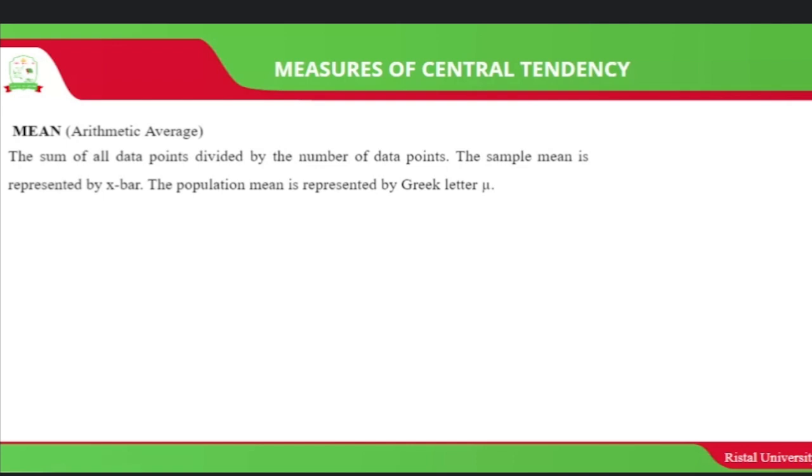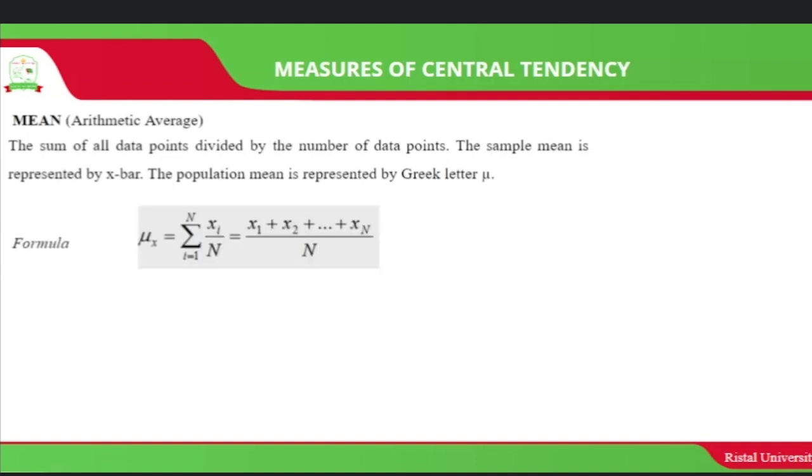In most cases, you will find that X bar is used because we cannot study the entire population. We always have a representative sample of the entire population that helps us draw conclusions about the population.